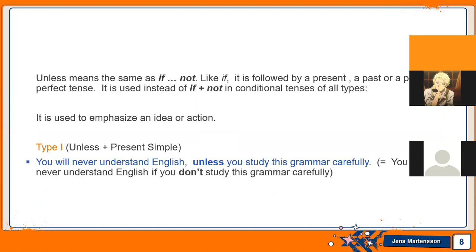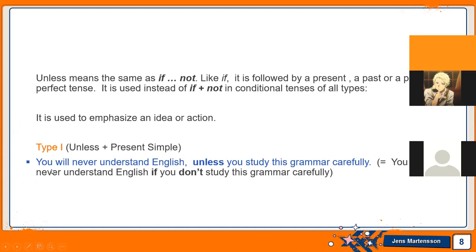It can be followed by present, past or past perfect. It is used instead of if not in conditional sentences, in all types. It is used to emphasize the idea or action, untuk menekankan idea atau suatu pekerjaan.